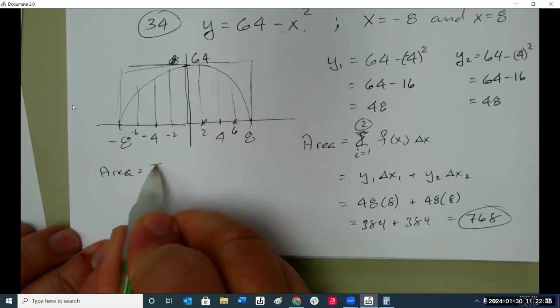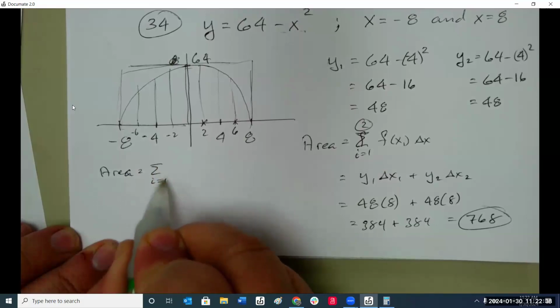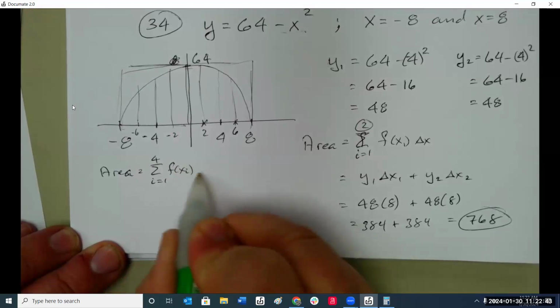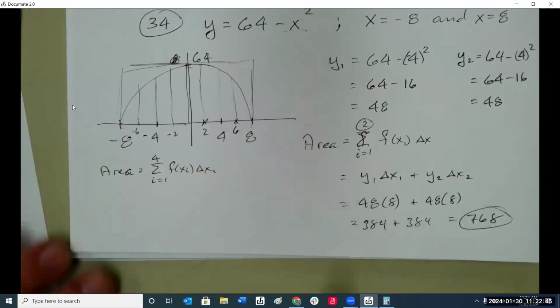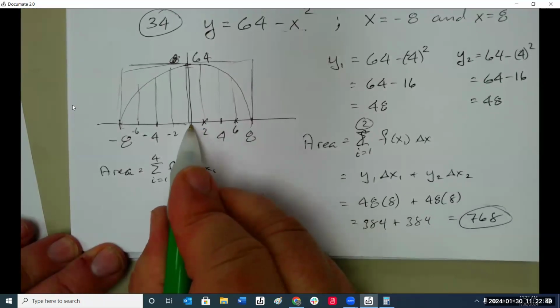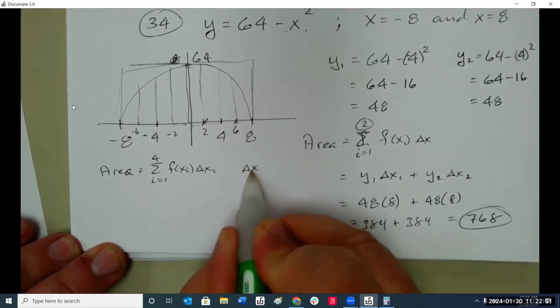For the area here, we take the summation of i equals 1 to 4, f of xi delta xi. The delta x is going to be 4 units wide.